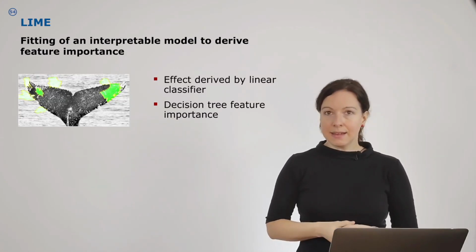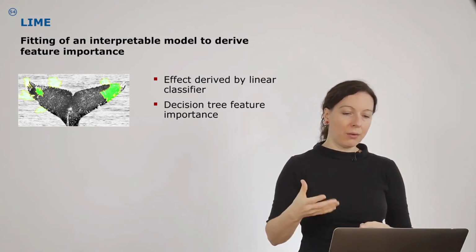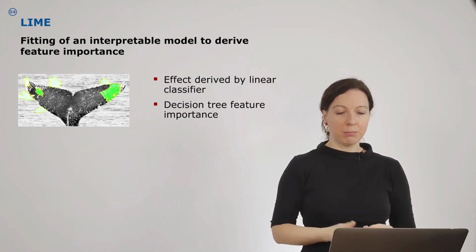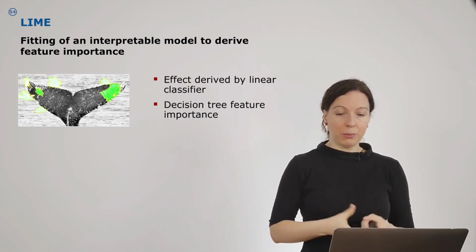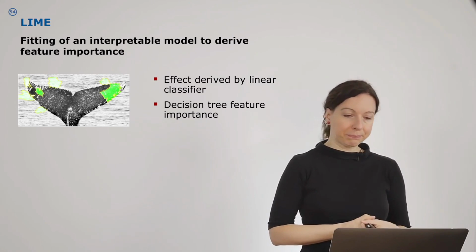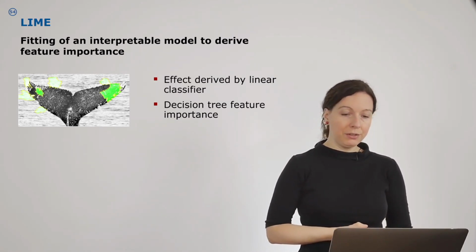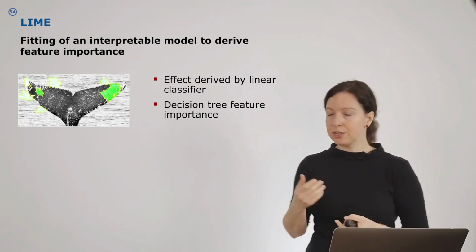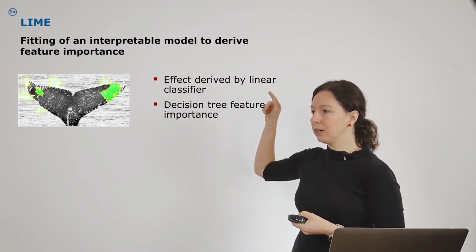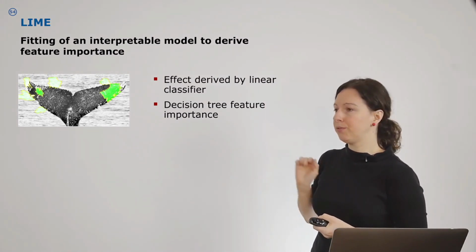And the last step is, now you have this data set, you have the weights, and now you fit an interpretable model like a linear regression model using the weighted artificial data points. For example, if you use linear regression, you get the estimated coefficient of each feature, and then you can compute the effect. This is what I told you in the very first lecture.